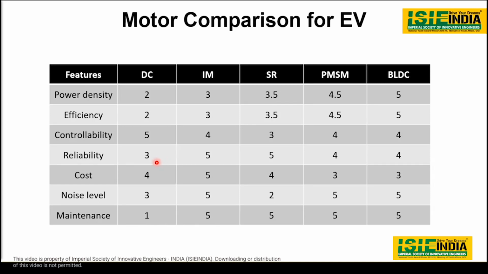The life cycle of the DC motor is very short compared to the other segments, right? That is why most of the time DC motors fail in longer runs, right? Yes, still a few applications are there, but this is the comparison for traction, right?